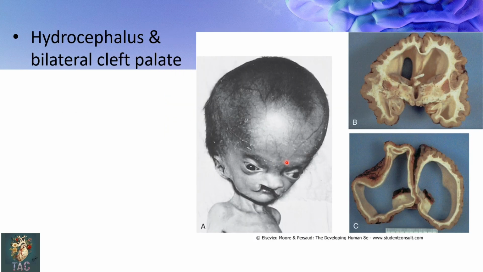Another condition is hydrocephalus with bilateral cleft palate. Hydrocephalus is a condition in which excessive fluid accumulates in the ventricular system of the brain. It may be obstructive hydrocephalus or non-obstructive communicating hydrocephalus. In obstructive hydrocephalus, there may be obstruction in the interventricular foramen, in the aqueduct of Sylvius, or in the foramen of Monro, foramen of Magendie or foramen of Luschka.